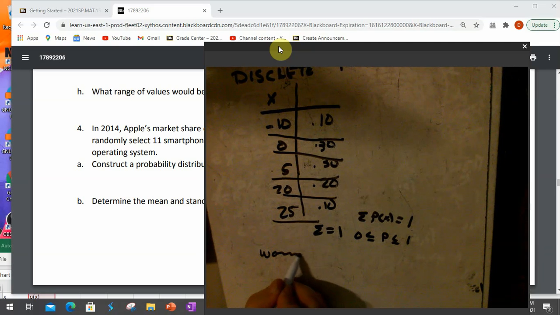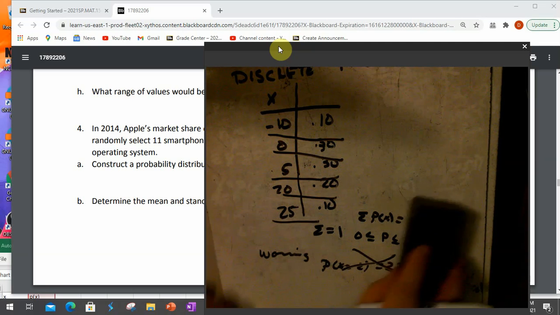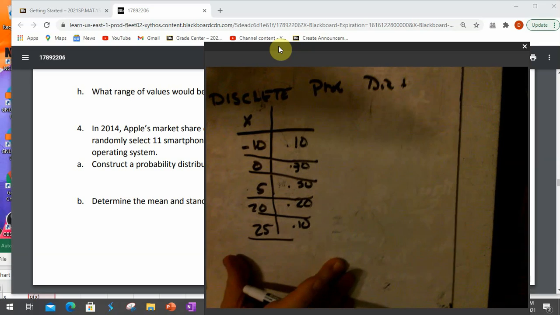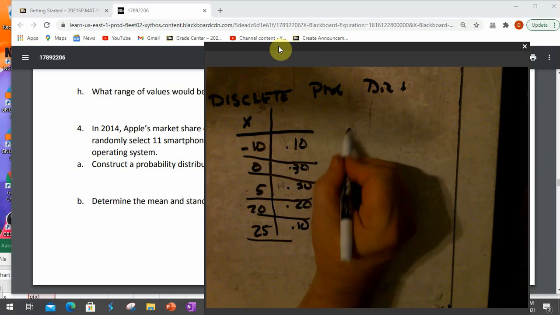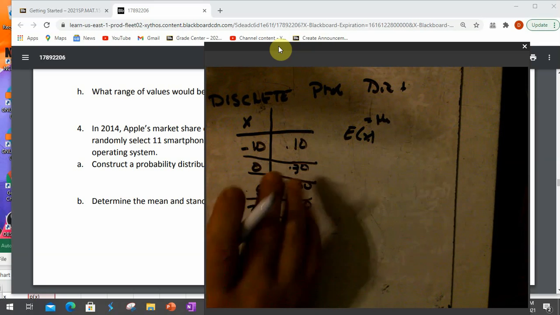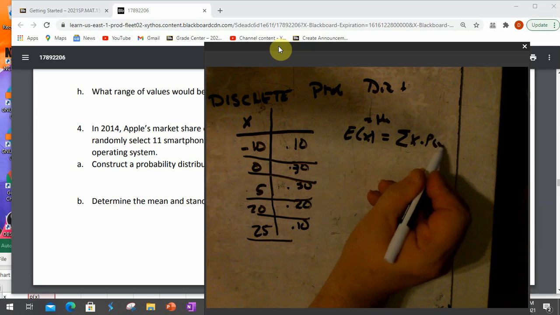Warning, if you ever say, oh, the probability of something like this is 22.7, that is not a probability. There's no way that you can have a probability of 22.7. Okay? So the reason I brought this up is, if you just have a general probability distribution, the mean, or expected value, is the sum of x times p of x.